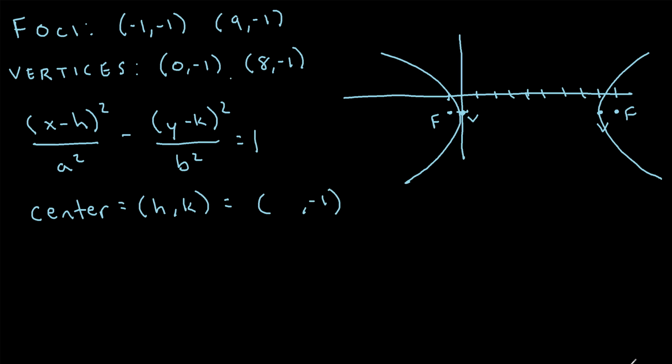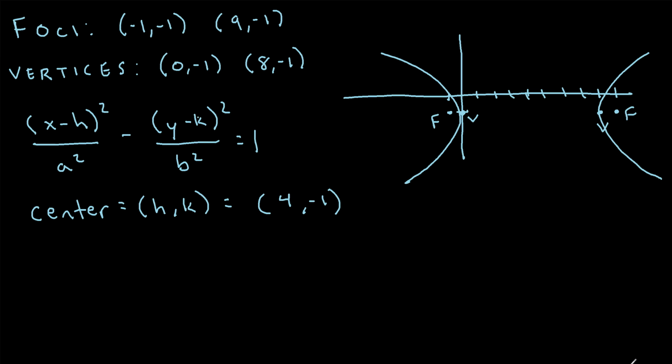Now to find the x coordinate of the center, we can just take the average of the x coordinates of the vertices, so the average of 0 and 8. We can write (0 plus 8) divided by 2. That will be the average. So we'll get 8 over 2, which is 4. So the x coordinate of the center will be 4.